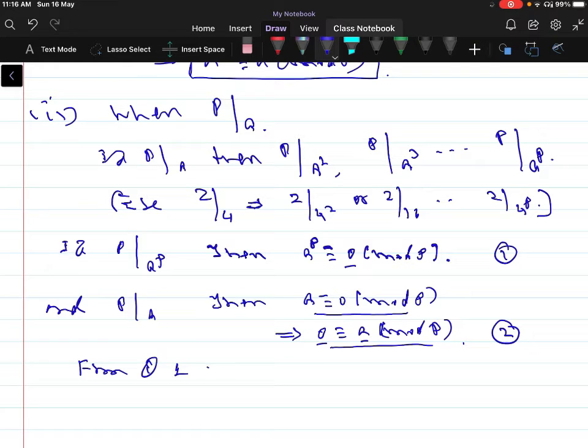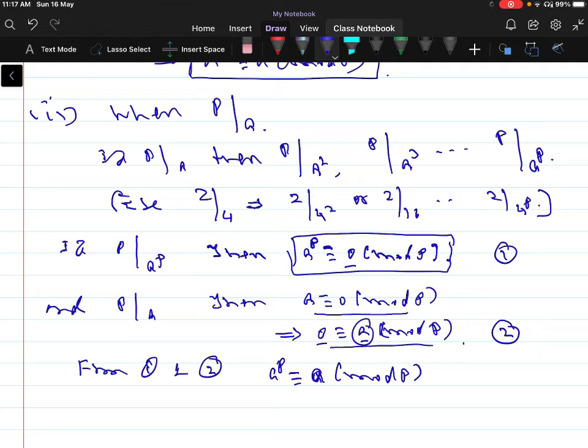Since congruence is transitive, if a to the power p is congruent to 0 modulo p and 0 is congruent to a modulo p, it can be written as a to the power p is congruent to a modulo p.